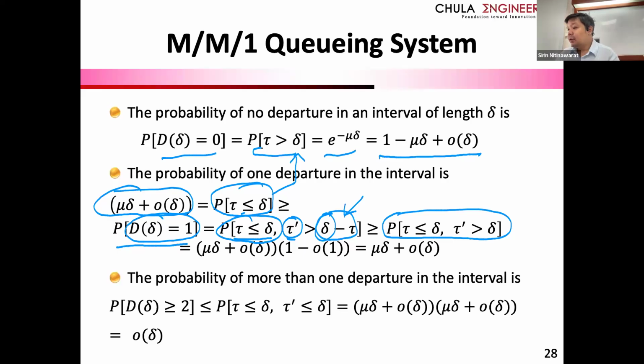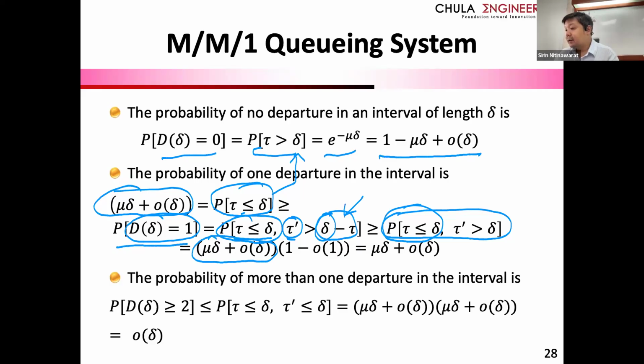What about this lower bound? It's an intersection, but the current service time and the subsequent service time tau prime are independent. So you can calculate this probability as a product of the two constituent probabilities. The first one, you already computed as mu delta plus little o of delta.